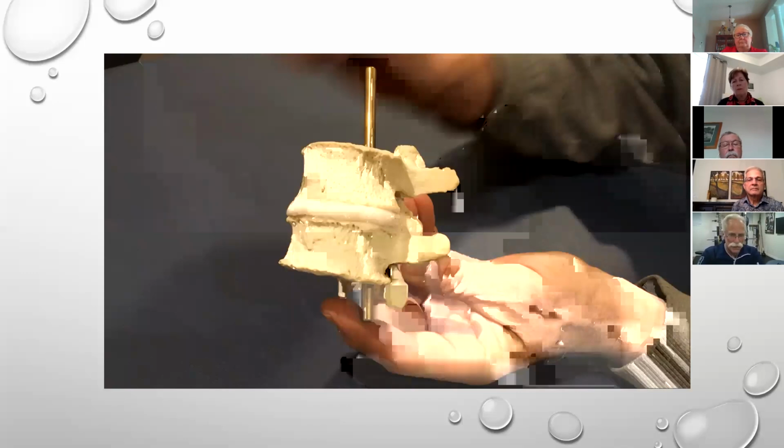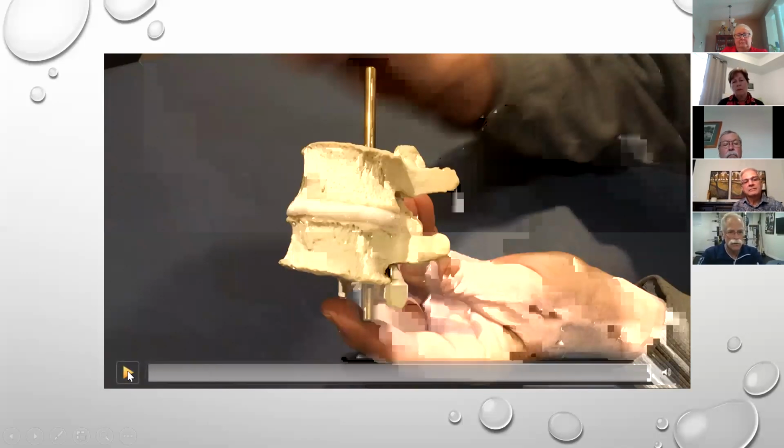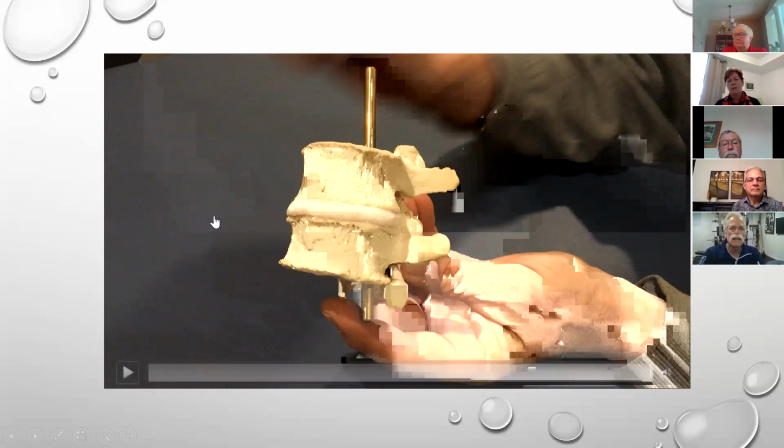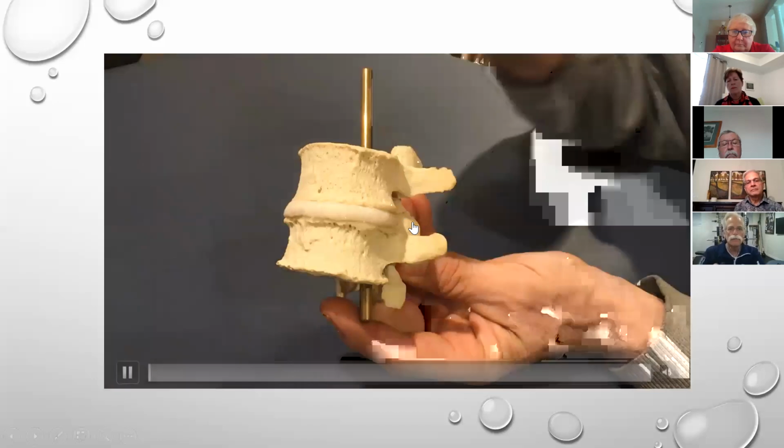So this particular model, the brass rod simulates the spinal cord, but now I'm going to show the effect of posture. So you see the arthritis that's developed around the edge of the labrum of the vertebra, and that arthritis will grow into the holes where the nerves traverse.